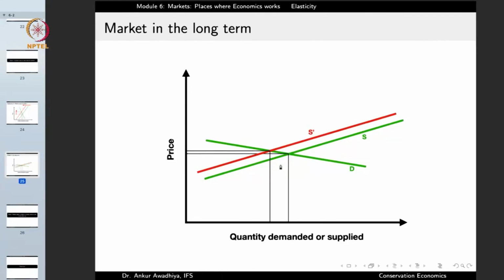Because again, if you remember a competitive market, it allows a free entry and exit. So now more and more number of extractors would get into the market. And so even the supply curve will become more and more elastic. And an elastic supply curve is shown by this curve, which is now pretty much horizontal.